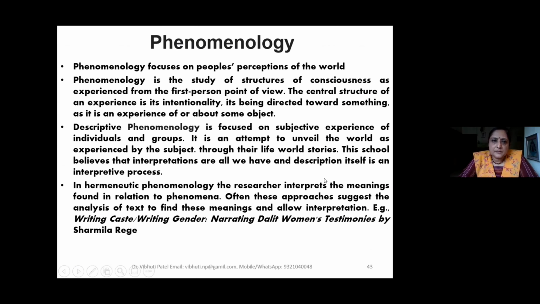The phenomenology is another very important method, where descriptive phenomenology is focused on the subjective experiences of individuals and groups, while hermeneutic phenomenology talks about the interpretation of the meaning in relation to the phenomena. Teachers and students from the English department would know the book Writing Caste, Writing Gender: Narratives of Dalit Women's Testimonies by Sharmila Rege, which is now part of the syllabus in very many universities, or Women's Writing in India from 600 BC to the present.